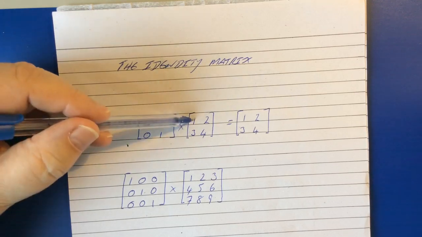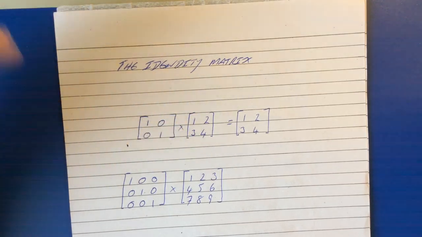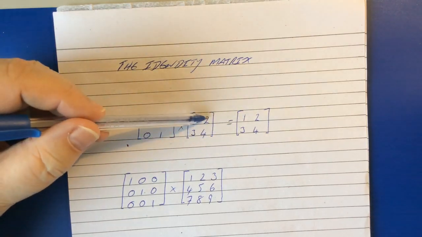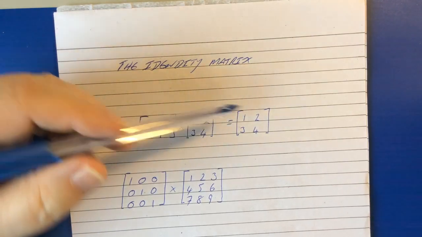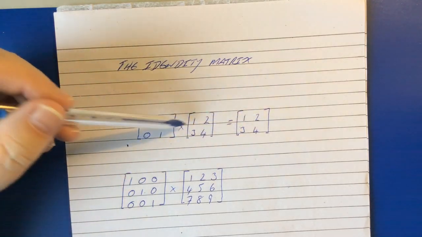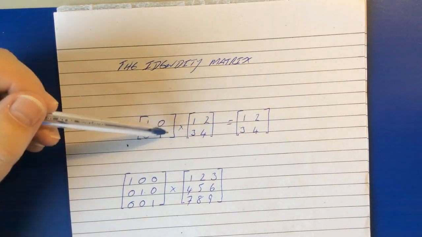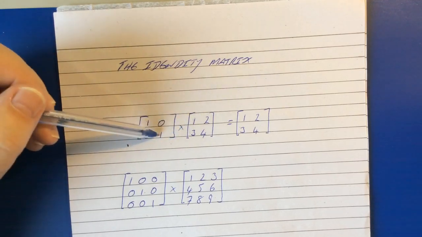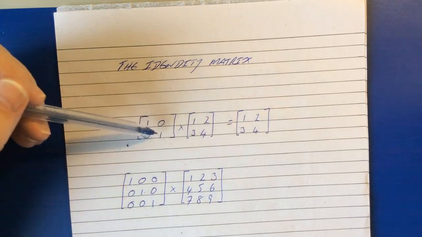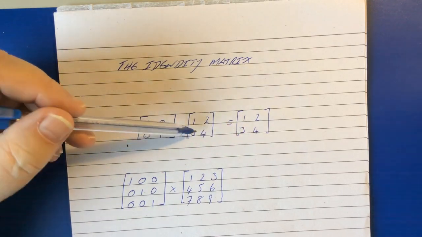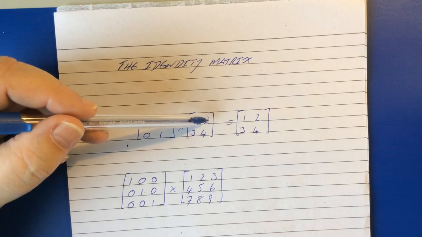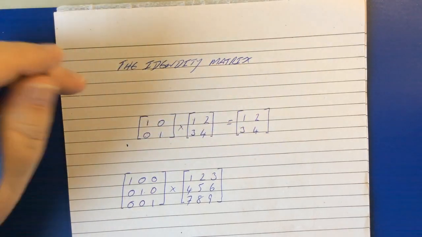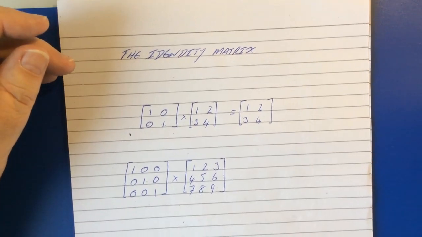So it's 1 times 1 plus 0 times 3, which is 1. 1 times 2 plus 0 times 4 is 2. 1 times 3 plus 0 times 1 is 3. 0 times 2 plus 1 times 4 is 4. It's a sticky business. What can I say?